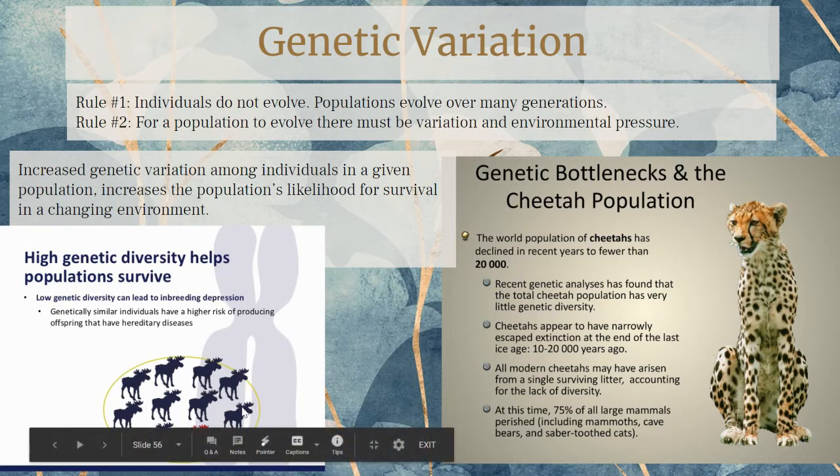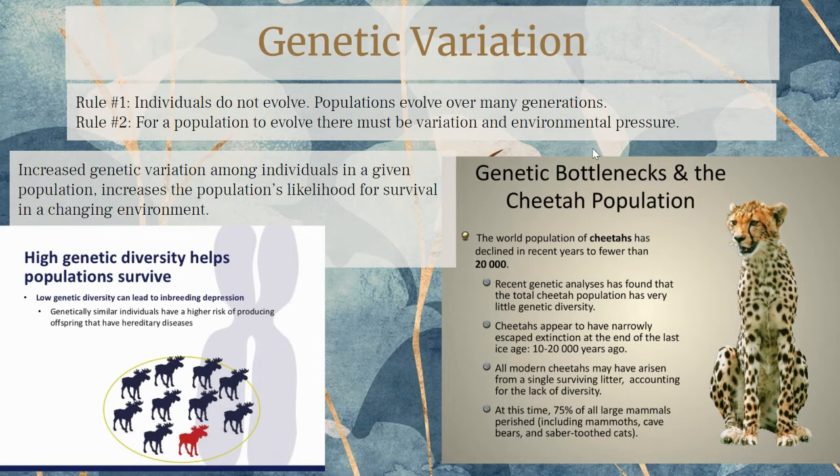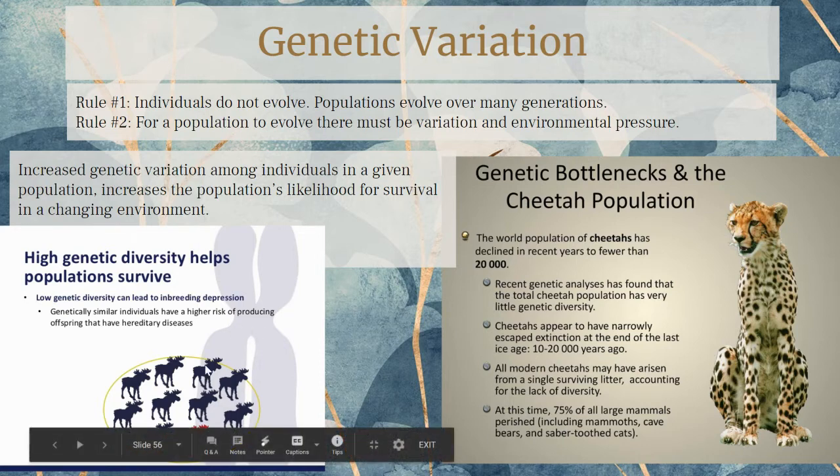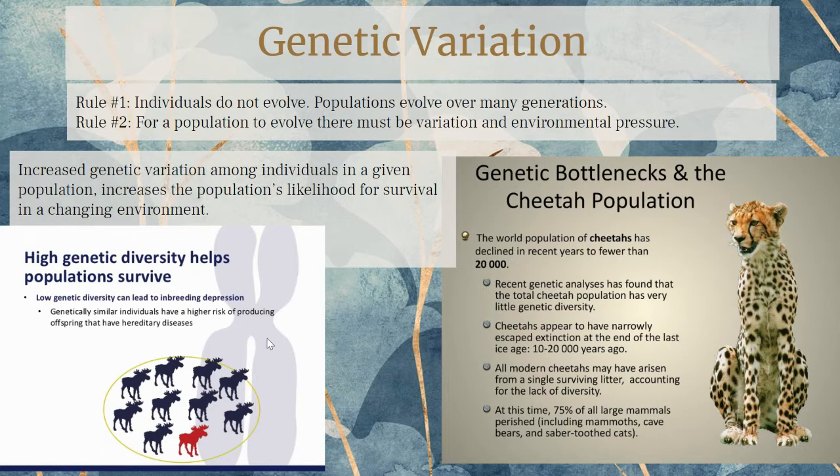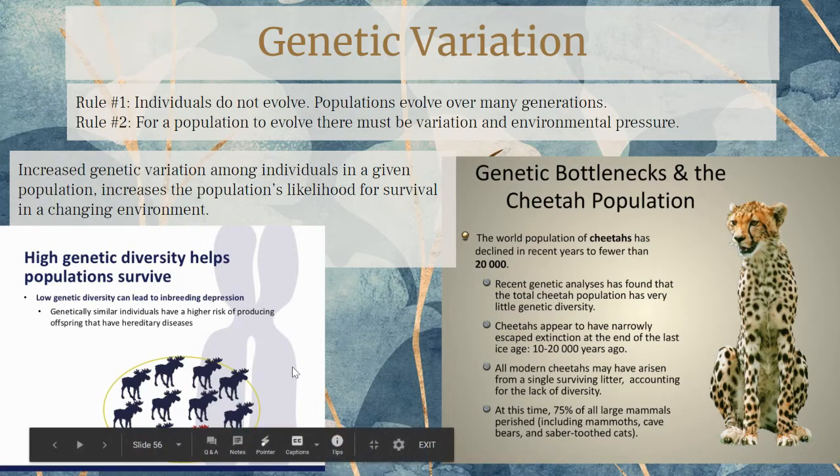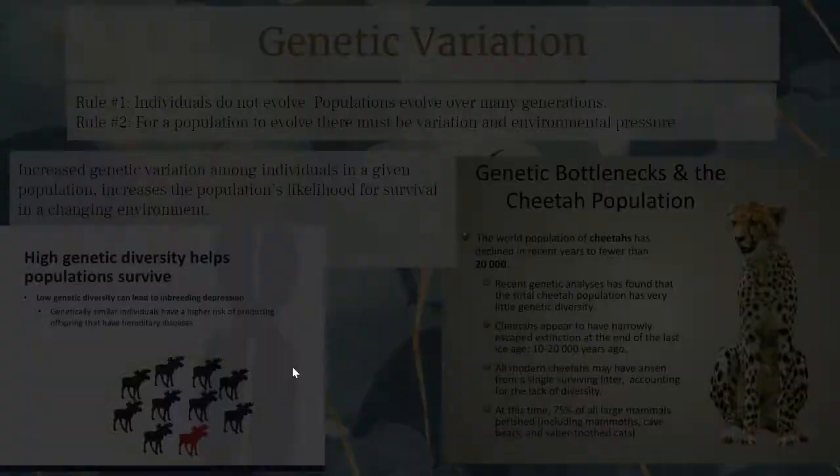If we look at this little moose picture here, the moose population is not very diverse. If there was some sort of environmental pressure that was going to eliminate the dark gray moose, but allow the red moose to survive, this moose population would be very endangered, if not extinct.